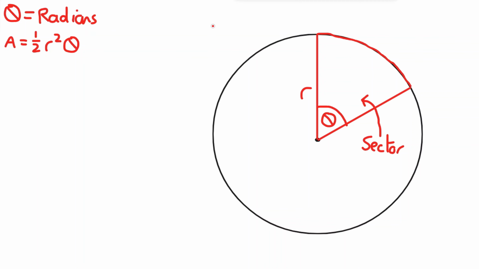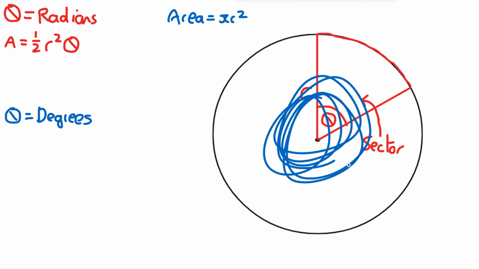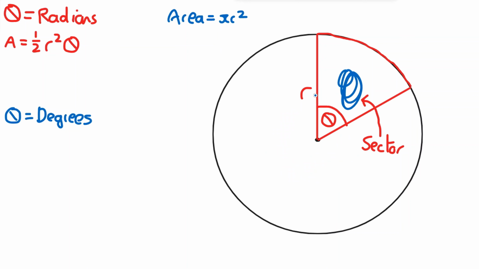And again, this is a lot simpler than if the angle was in degrees. If the angle was in degrees, recall that the area of a circle is equal to pi r squared, but this is the area of the entire circle, and we're only interested in this small section here.